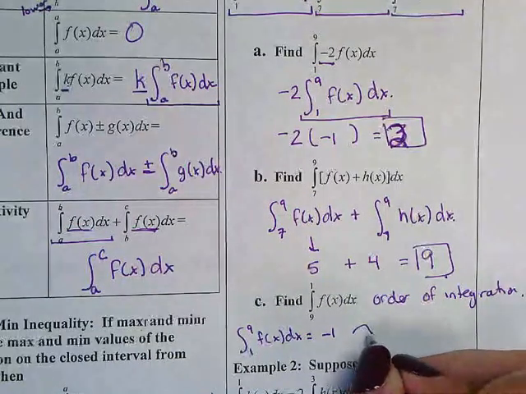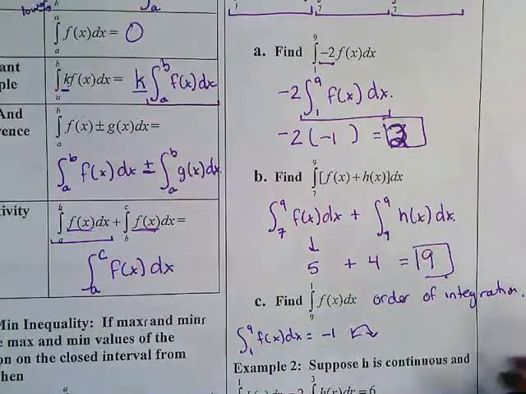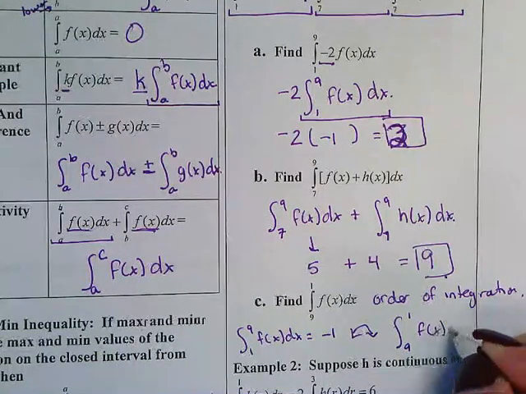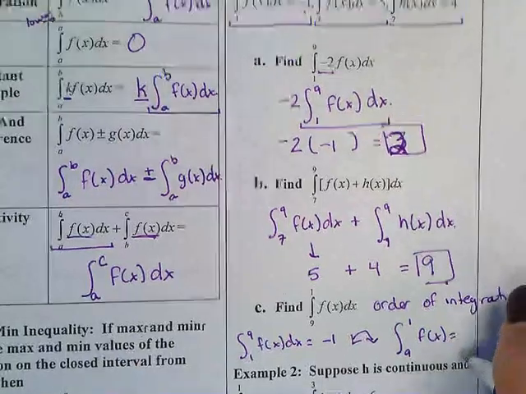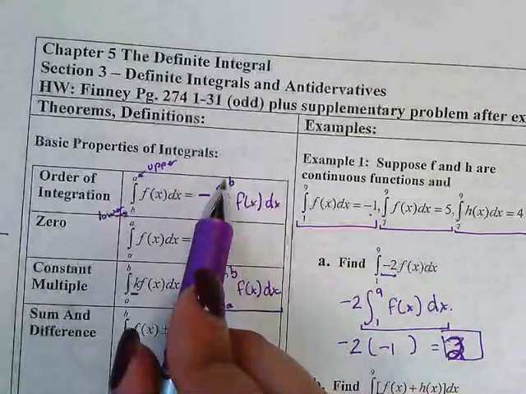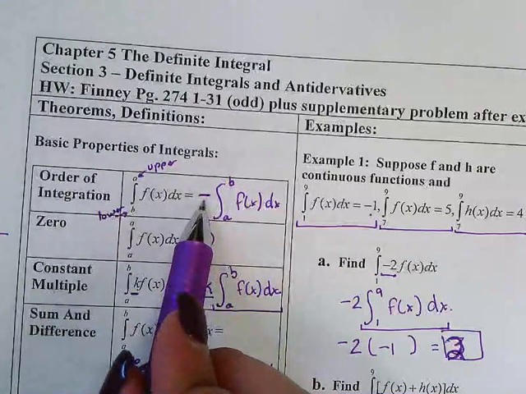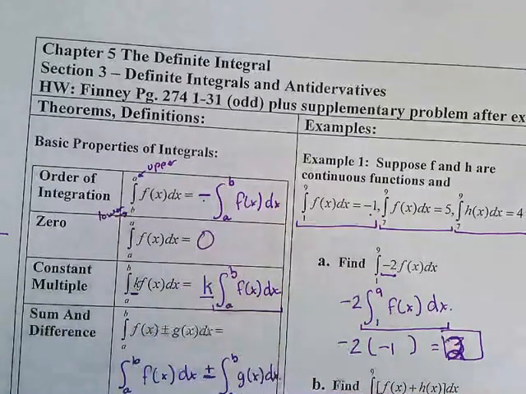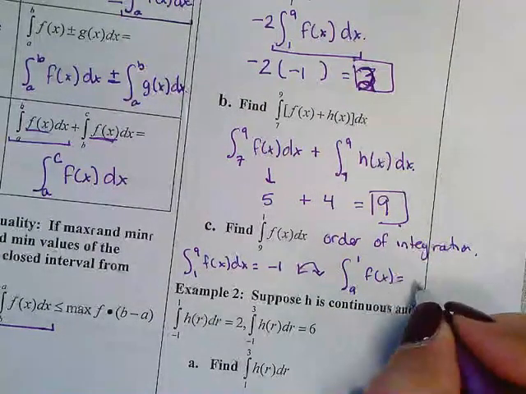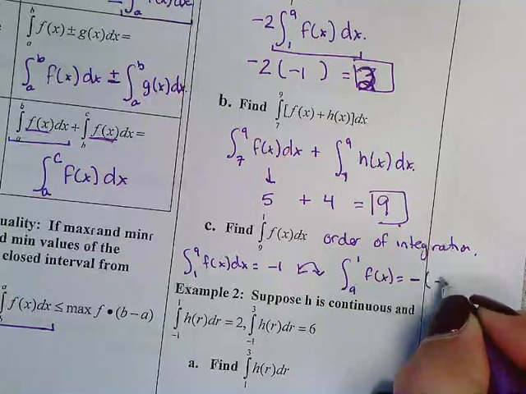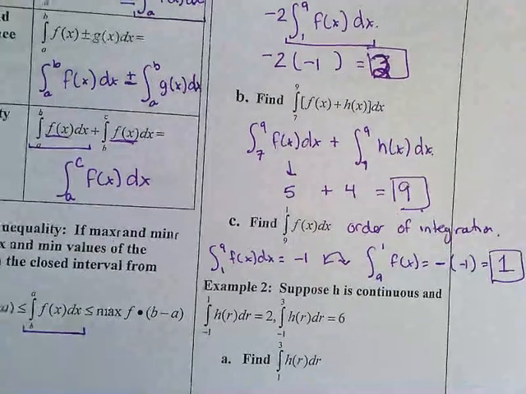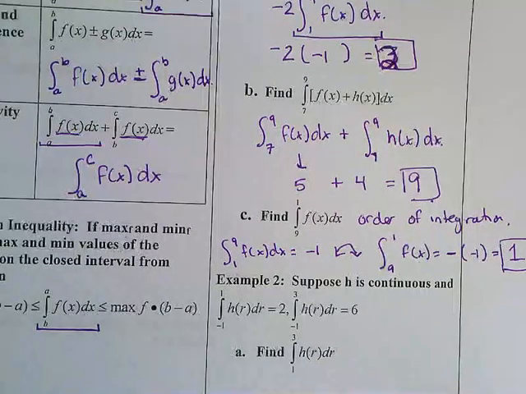But if you flip-flop 9 to 1 of f of x dx, what does it say we need to do? The order of integration rule says that if you flip-flop, the only thing that changes is that integral value becomes the opposite. So f of x here is going to be -1, which is 1. Okay?